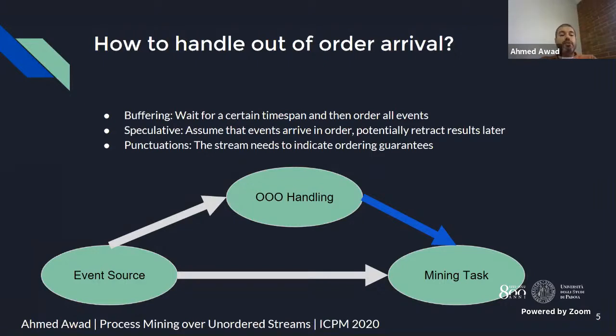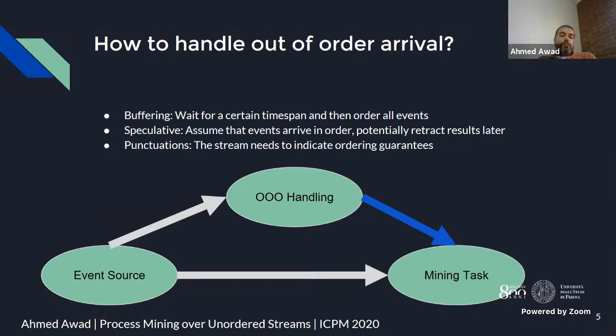The second approach is the speculative, which is an optimistic approach that assumes everything is fine and in-order arrival. With the arrival of a new event, it immediately updates the model or artifact and sends this downstream.